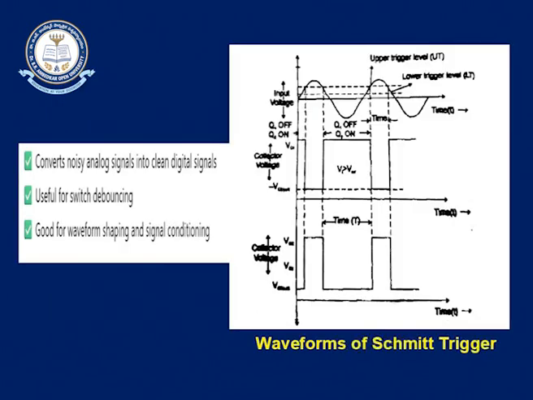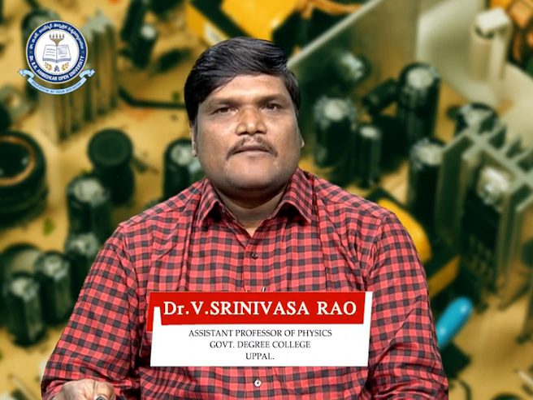You need to know the waveforms of the Schmitt trigger. From this you can understand what multivibrators are, how many types of multivibrators there are, and what happens at the output when a signal is given at the input. That covers this multivibrator topic. Okay. Thank you.